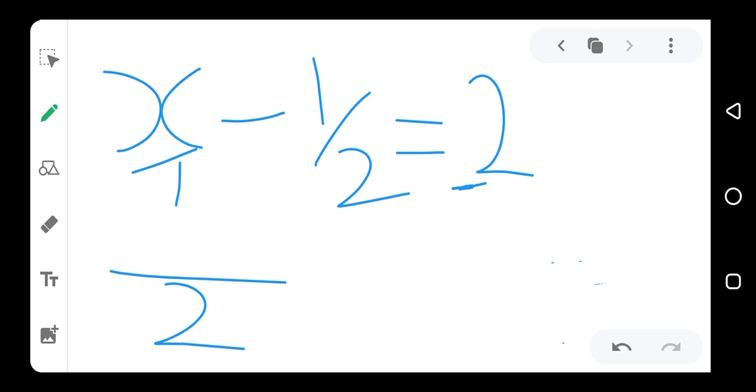Then 2 times x is 2x. Then minus, 2 divided by 2 is 1, 1 times 1 is 1. Now this is equal to 2.